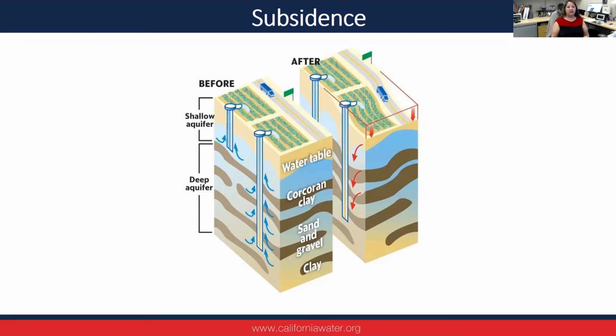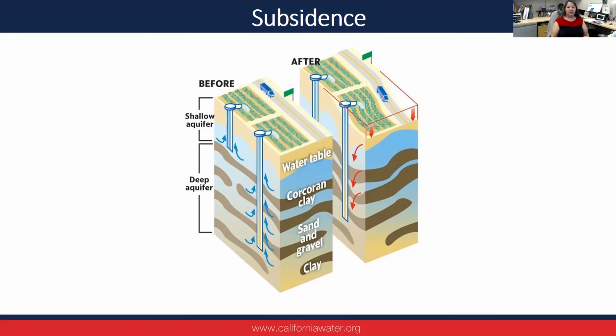And with subsidence come multiple problems, including infrastructure problems. As you can tell, if a road was not made to be a downhill, and is now a downhill, it's going to have some infrastructure issues. Canals and bridges are now not going to be at the level that they were made, or the consistency that they were engineered or built to be, because that ground is no longer where it originally was.